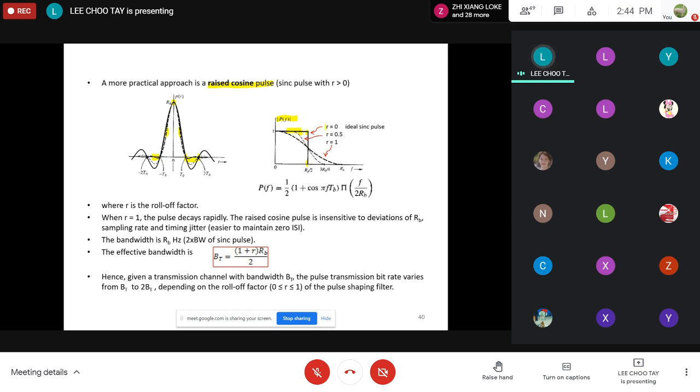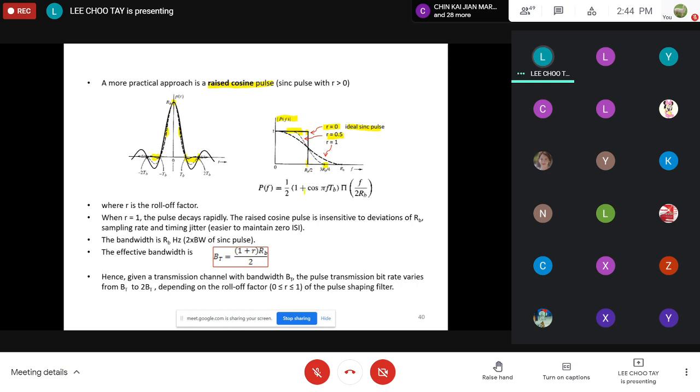If you use R equals 0, this is the ideal sync pulse, and it rolls off straight away. But if you use a roll-off factor R equals 0.5, it's going to roll off slower, meaning the response is going to go to 0 at a slower rate.